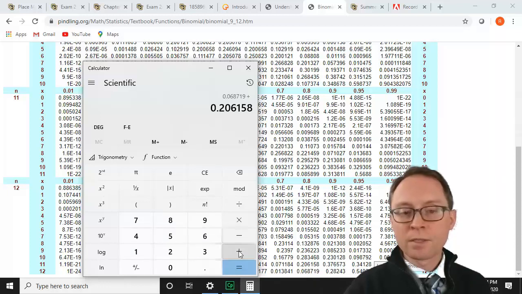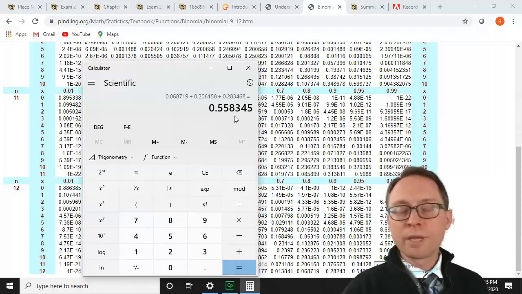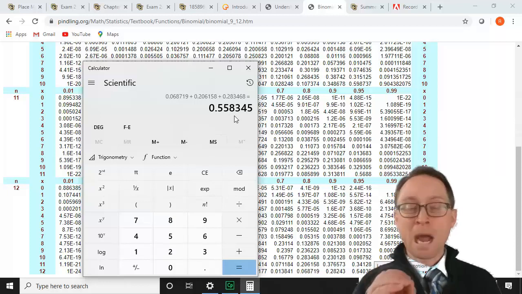That's the probability if 11 people fall in love, if it works, plus 0.283468. So this 0.5583 is power.